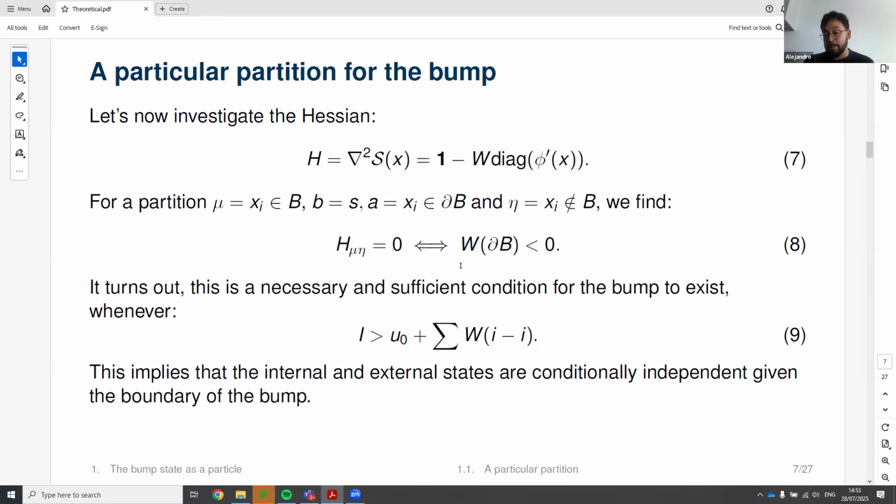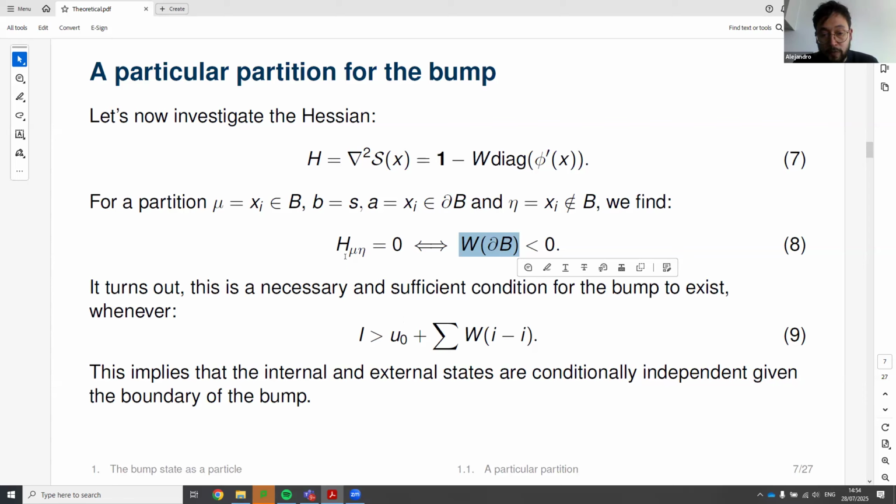When this happens, it can be shown that the bomb has to exist. This makes sense because if the weights were greater than one, then the activation function, which is essentially the integral of this kernel, would cross the threshold, and the neuron should be on. So it should be part of the internal state, but we are assuming it is not.